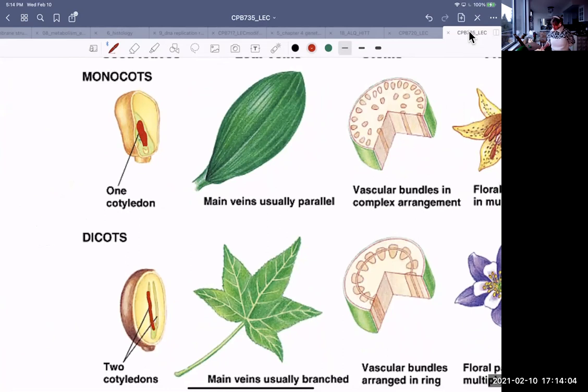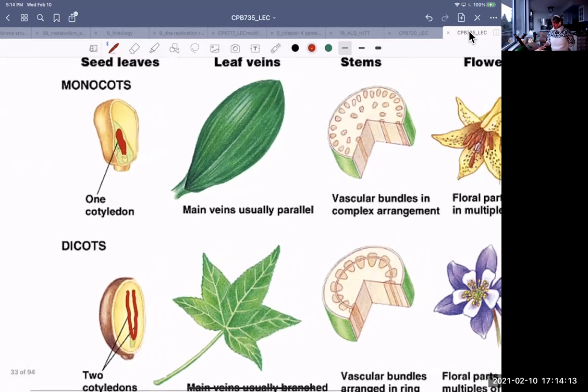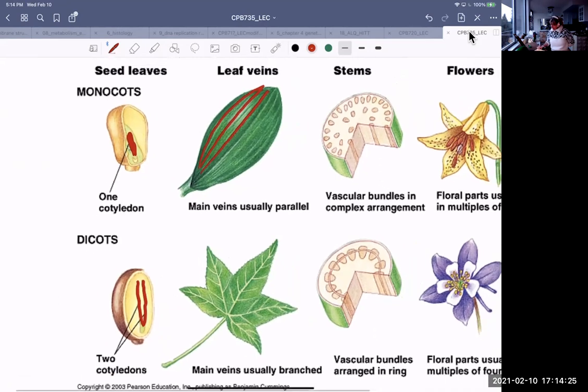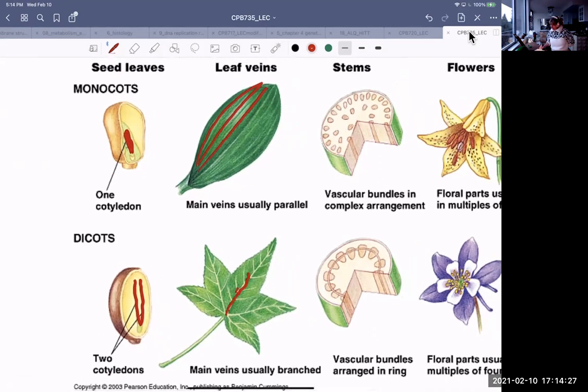This particular one has two cotyledons. It's called a dicot. A monocot's veins are parallel. So as you can see here, I think it's irises that have parallel veins, whereas the dicots have branching veins. And they may be doubly branching as well.